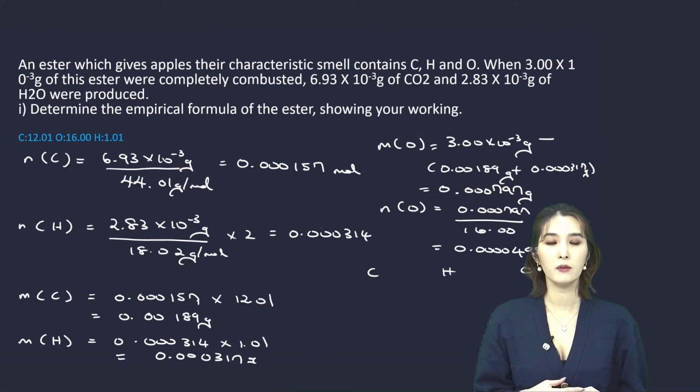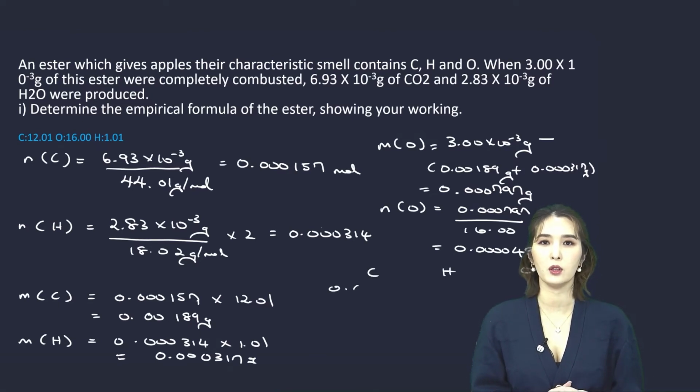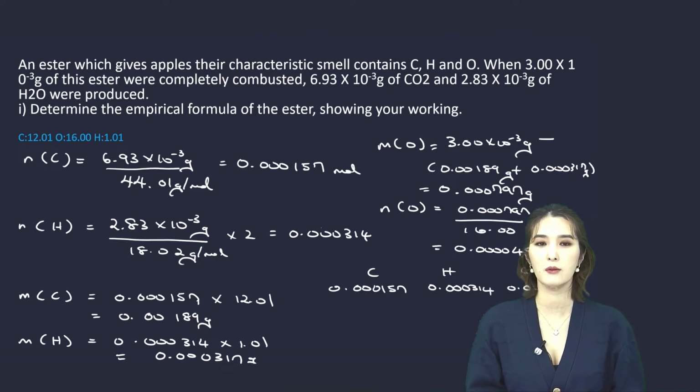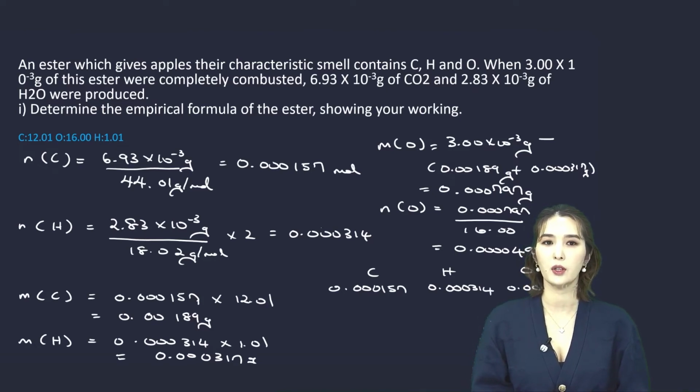Now, we then need to find the ratios of carbon, hydrogen, and oxygen, and so we use the number of moles that we found for carbon, hydrogen, and oxygen, and we're going to divide by the lowest moles, which also happens to be, in this case, that for oxygen. And so we're going to divide everything by 0.0000498.